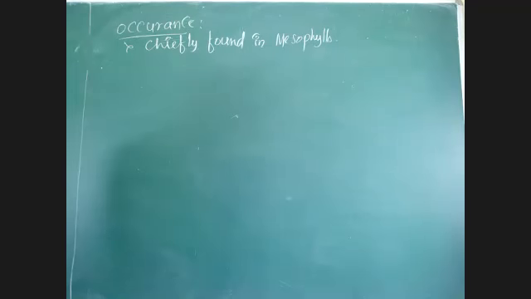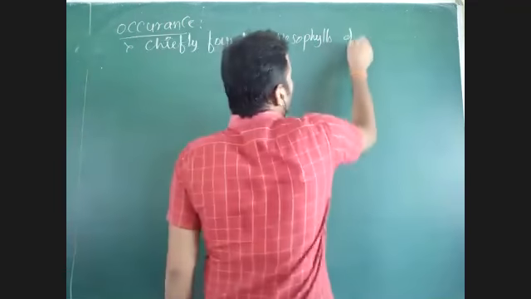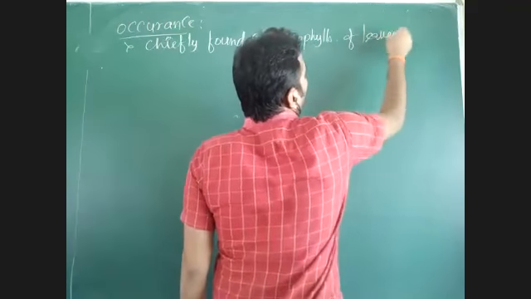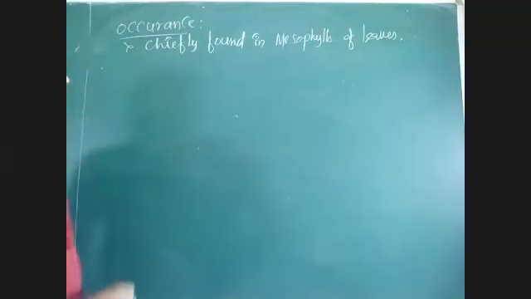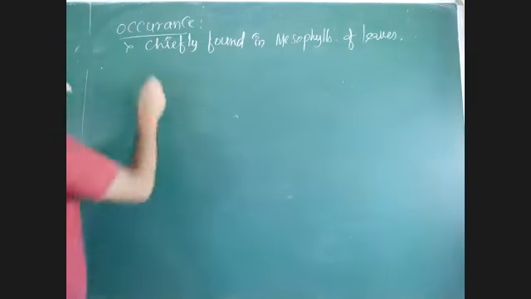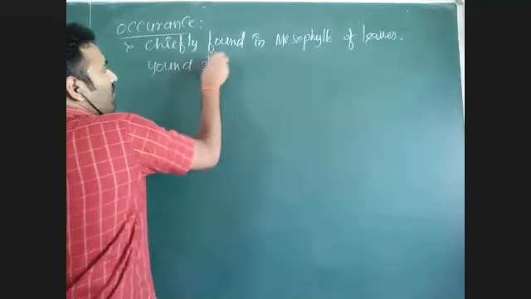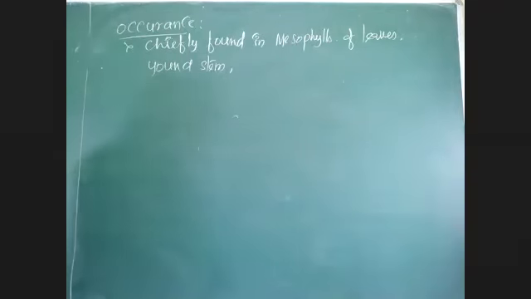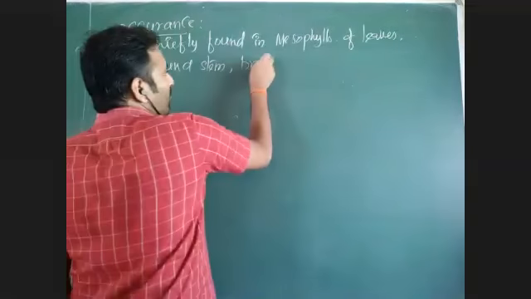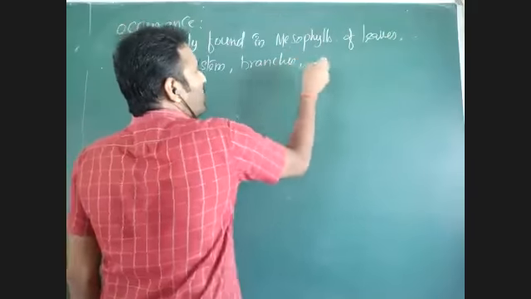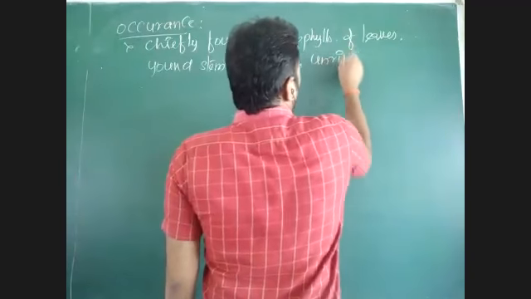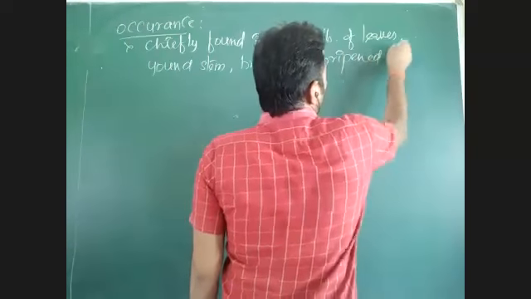Okay, these are present in which places? In mesophylls of leaves and some young stem. Young stem has chlorophyll but not more. Even branches of stem, unripened fruits.